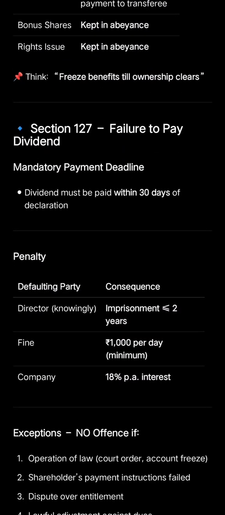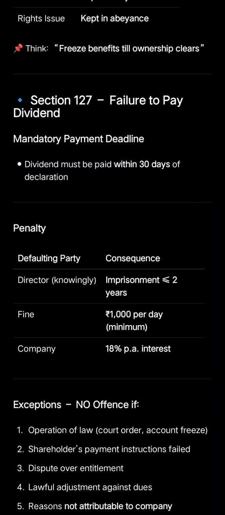Section 127, failure to pay dividend. If a company fails to pay dividend, then the director who is knowingly involved faces imprisonment of a maximum of 2 years. Fine is minimum 1000 per day.